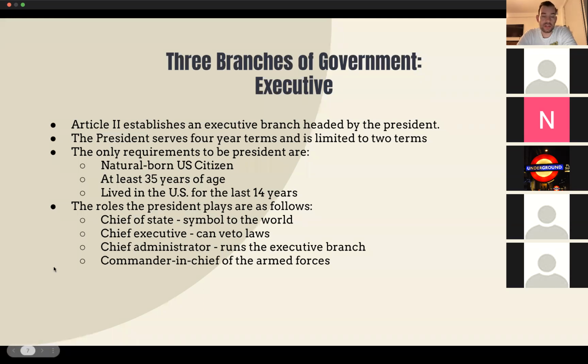Congress is the only branch that can declare war, but the president, as you have probably heard of and seen, often takes military action without consulting Congress. And this is something that's in a gray area. And it's something that has never quite really been resolved. And so, yeah, I think somebody might have a question about that.